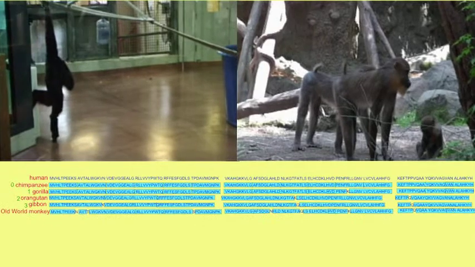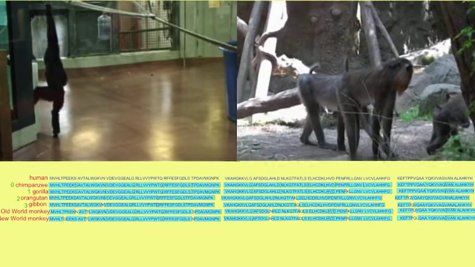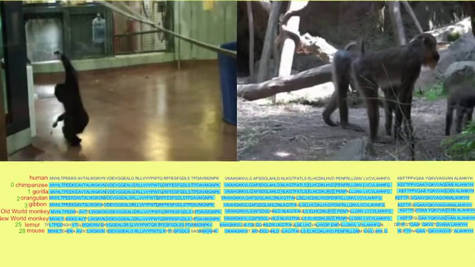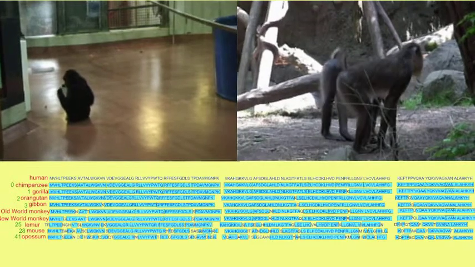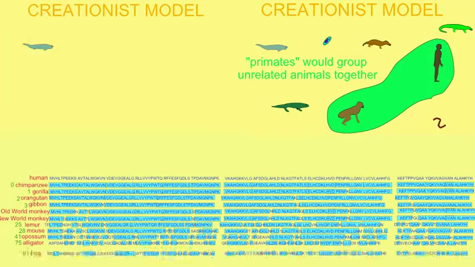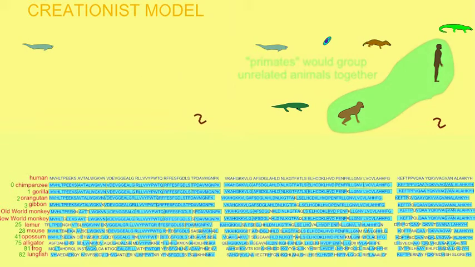An old world monkey might possess 7, a new world monkey might possess 8, a lemur 25, a mouse 28, etc.